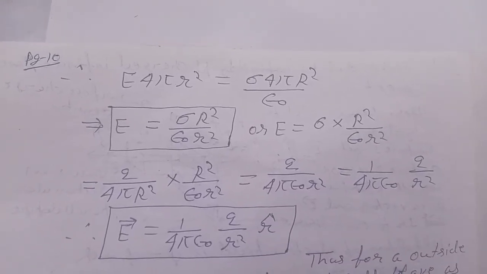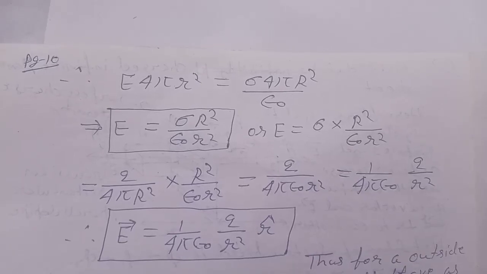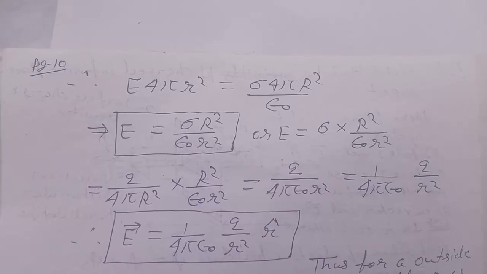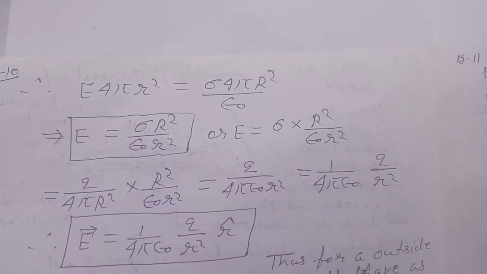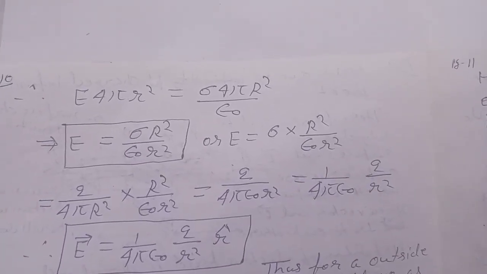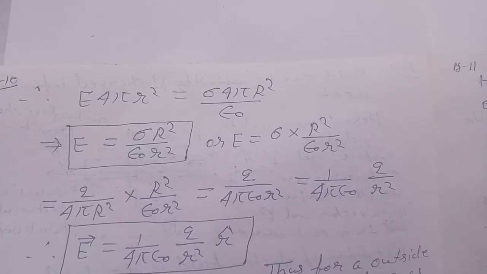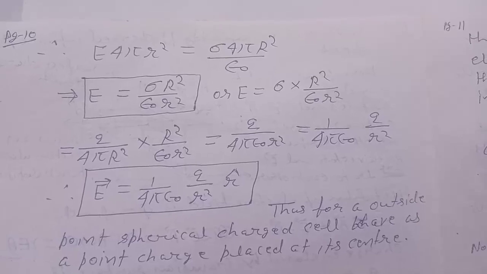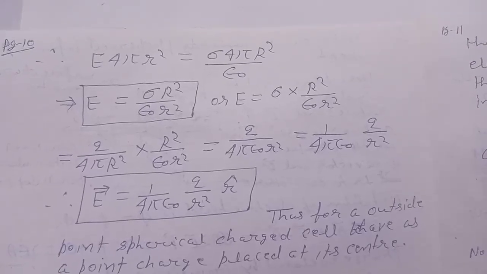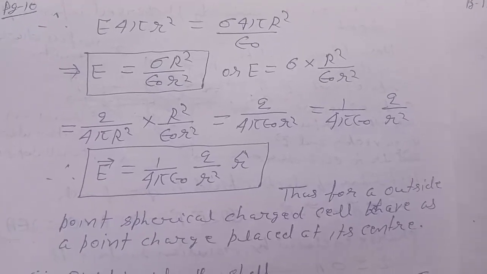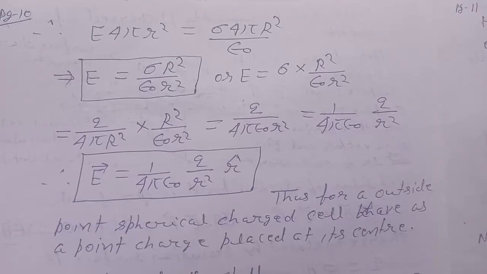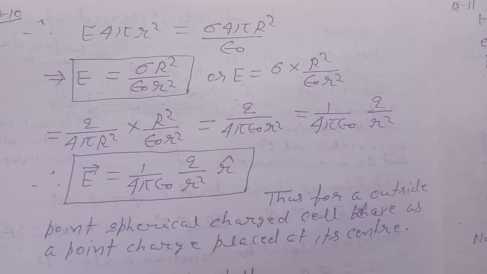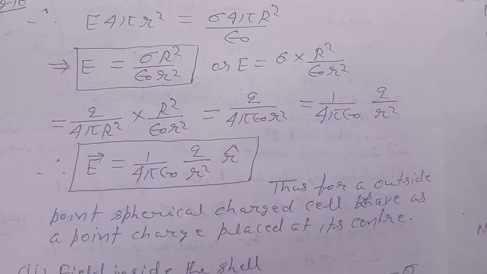This implies E equals sigma r square by epsilon naught r square, equals sigma into 4 pi r square by epsilon naught r square, equals Q by 4 pi r square, putting the value of sigma, into 4 pi r square by epsilon naught r square equals Q by 4 pi epsilon naught r square, or equal to 1 by 4 pi epsilon naught Q by r square.